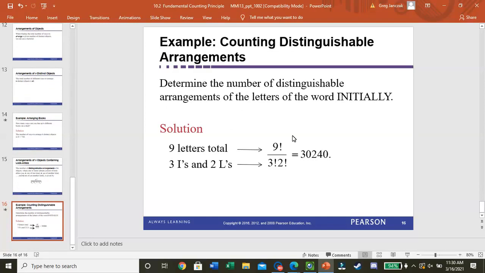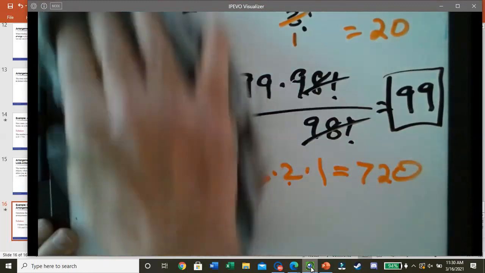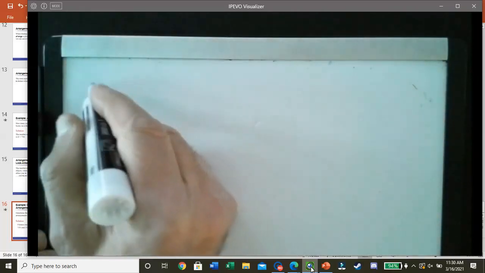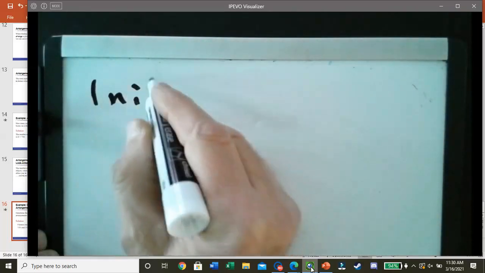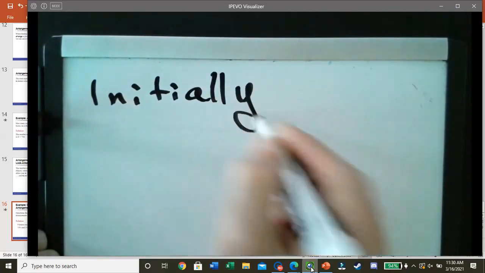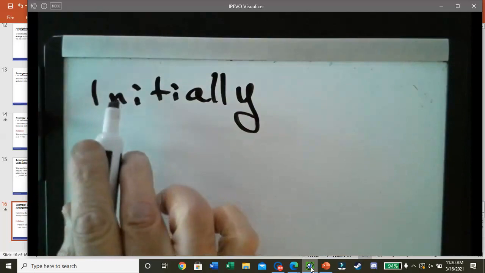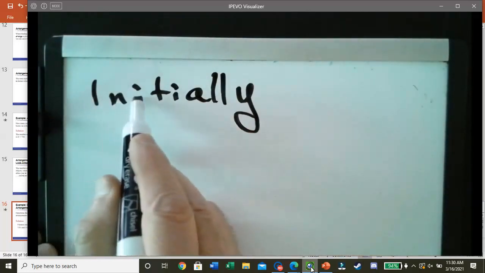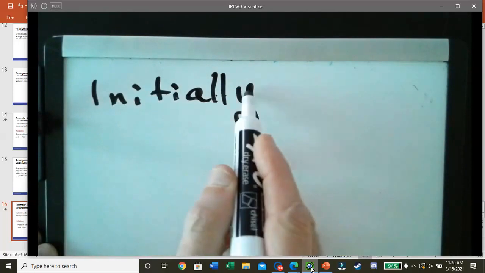So we're looking at the number of ways of arranging the letters in the word initially. You've got 1, 2, 3, 4, 5, 6, 7, 8, 9.